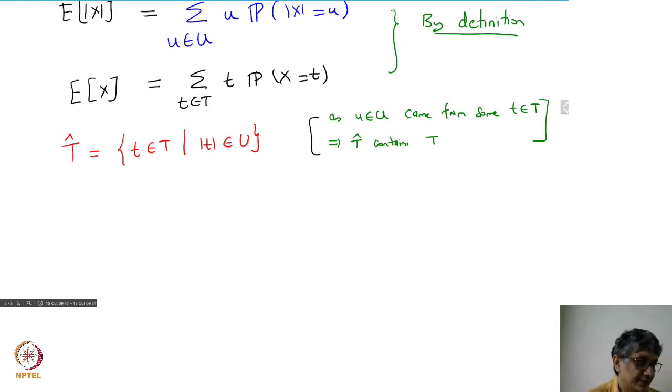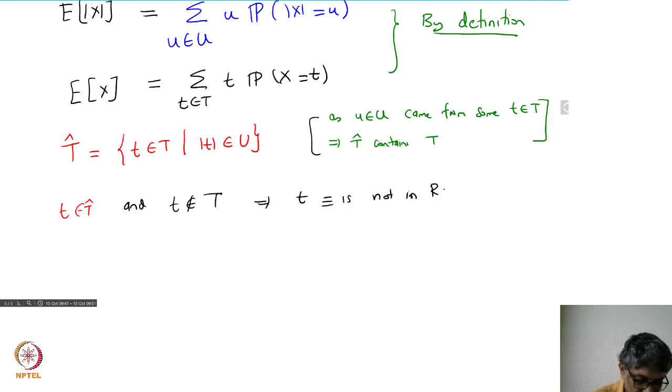Now, the next observation is the following. Let's say T is in T hat, and I'm writing in red, that way it's clear for you. T is in T hat, and T is not in T. Then this would imply that T is not in the range of X. What do you mean by T not being in the range of X for a random variable?